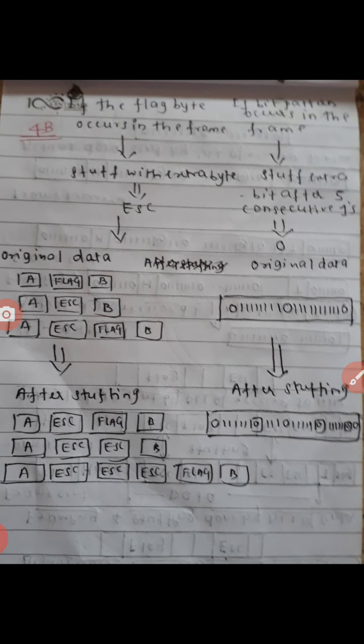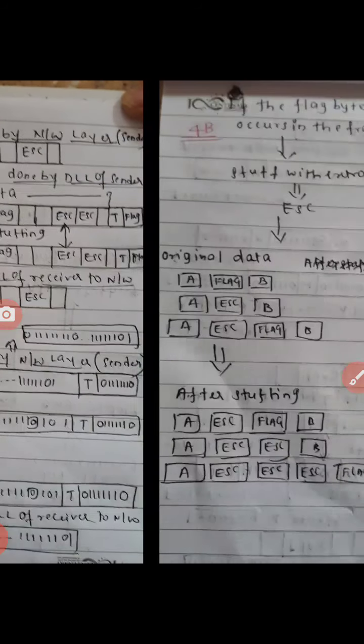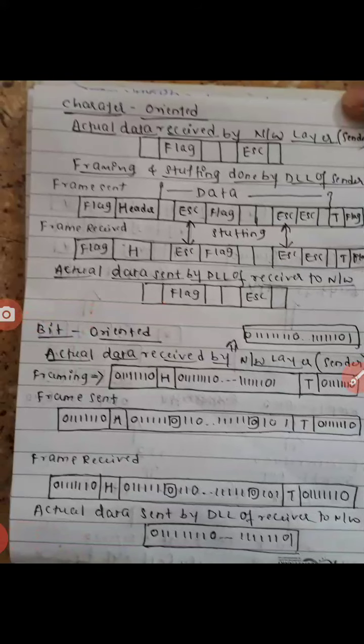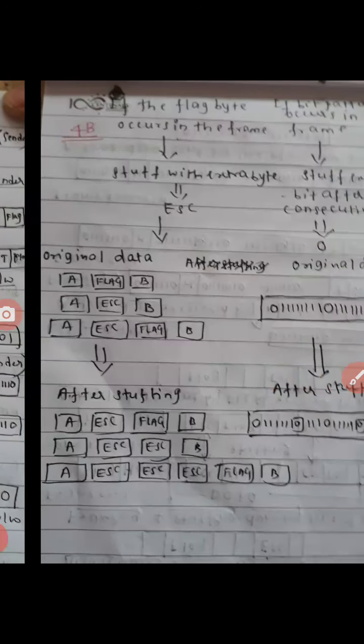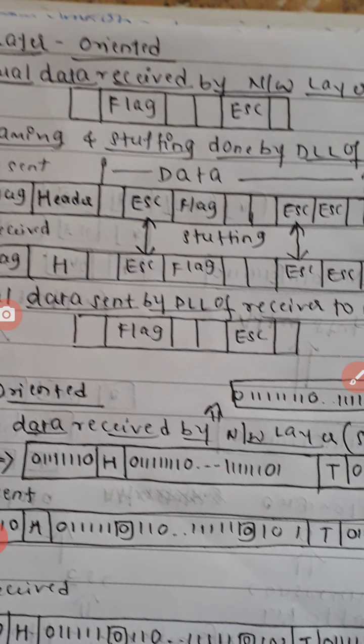The same thing will be explained by taking the example of sender and receiver. First we will move with the character oriented approach. In the character oriented approach, the first character is blank, the second character is flag, third blank, fourth blank, fifth escape, sixth blank.